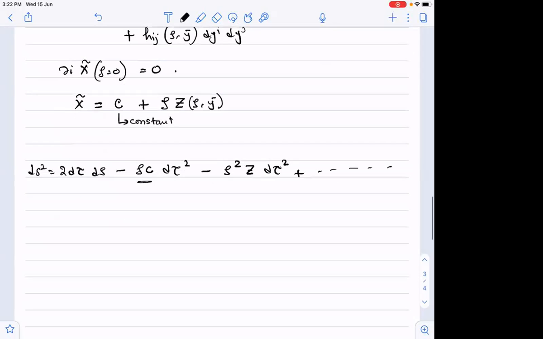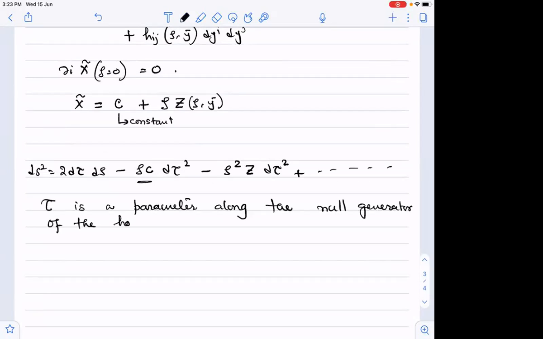Now, once this is true and C is constant, I can do a coordinate transformation. Tau is a parameter along the null generator of the horizon, but it's not the affine parameter.